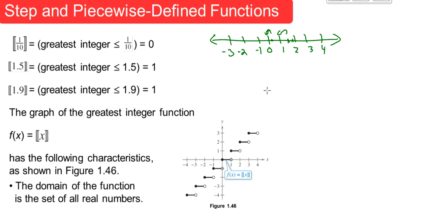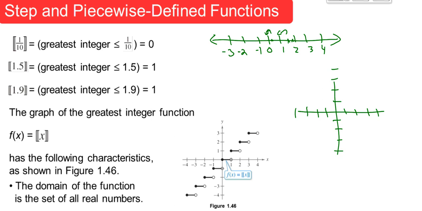So that's what we have to think about. And I'm just using a number line. I'm not right now graphing the greatest integer function, but now we'll graph it as well. And so when we graph the greatest integer function, 1, 2, 3, 4, 1, 2, 3, 4.